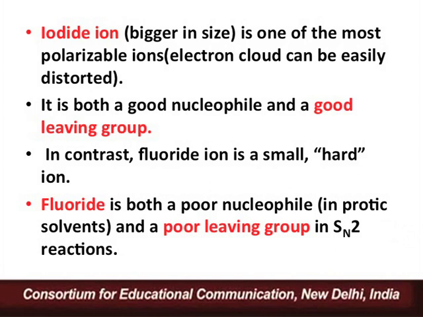And this shell is further away from the nucleus, so there is less attraction between the nucleus and these electrons, and the electron cloud can be easily distorted. So it is both a good nucleophile as well as a good leaving group.